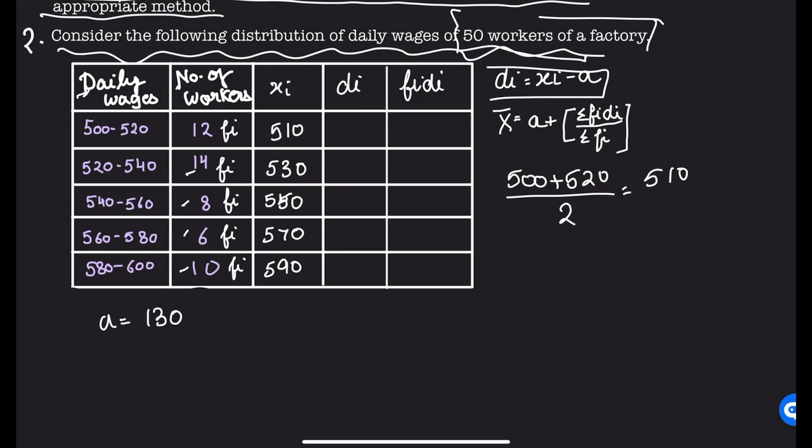The value for di is xi minus a, but we have xi. But what is a? A is here the assumed mean. So the method we are using is the assumed mean method. Okay.